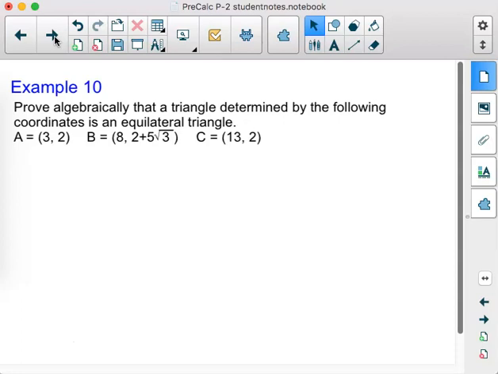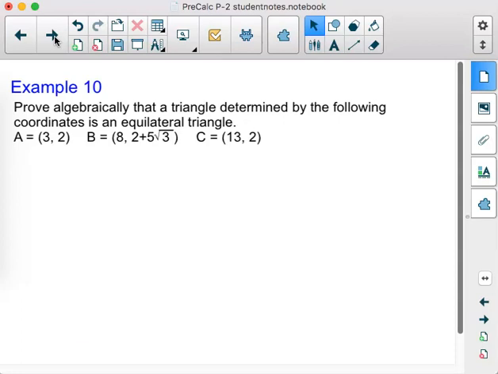Break the word down. Equa and lateral. What's the root word for the equa part in the front? Equal. So they have to be the same. Lateral means sides. All three sides have to be the same.